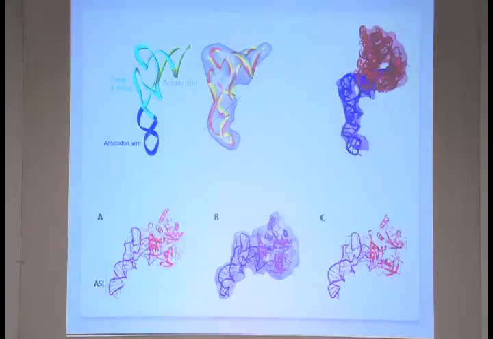And then another structure came out, at around 9 angstrom resolution. There also we found that, and it was modeled this way, and it could fit exactly. I don't know why these movies are not running here.